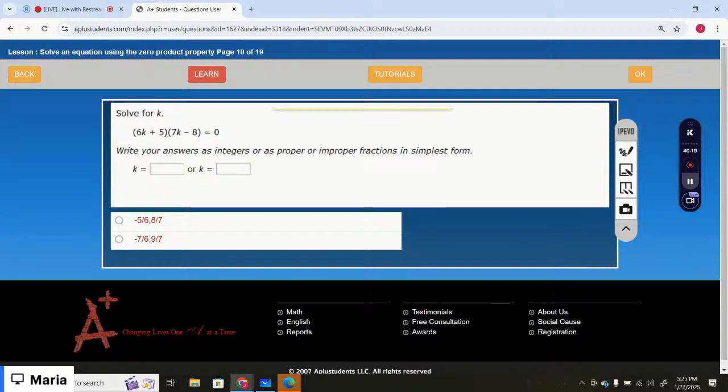Solve for k. That is negative 5 by 6 and 8 by 7.